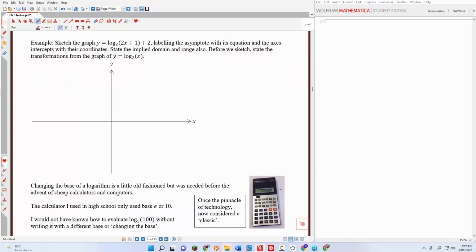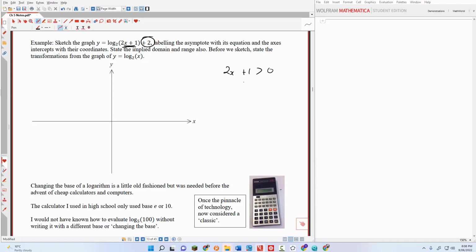All right, so let's sketch one of these log functions. The way I like to do these is we basically ignore the vertical translation, not worry about it. What we're going to do is find out the smallest loggable value. I don't know whether that's a word, loggable, but that's the way I think about it. So 2x plus 1 has to be larger than 0.